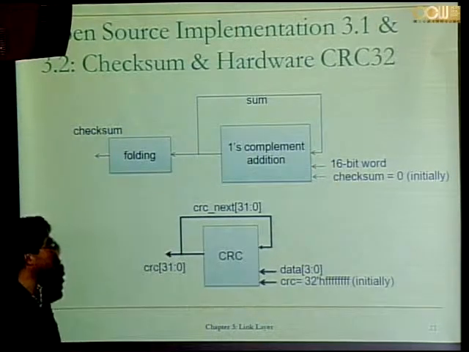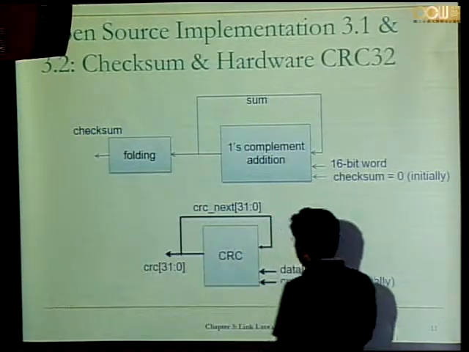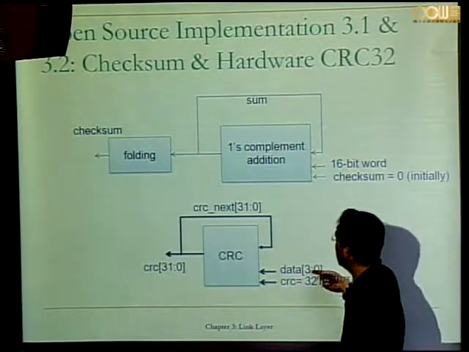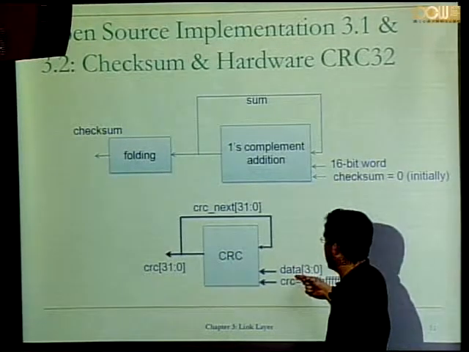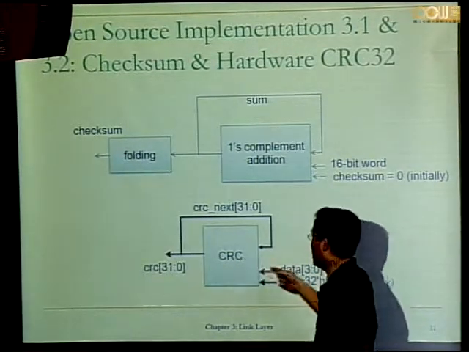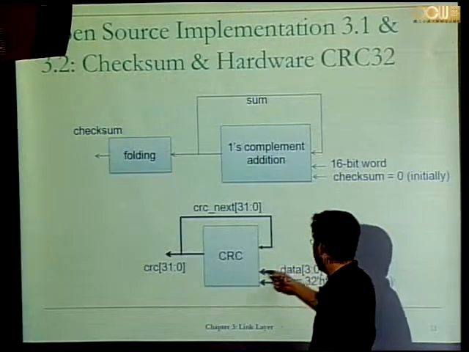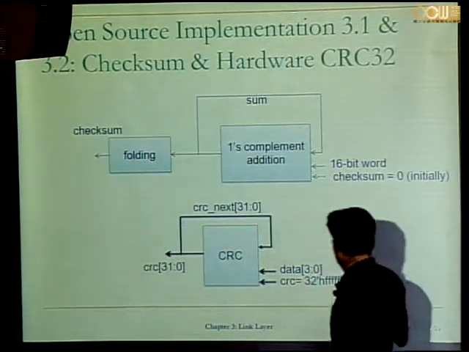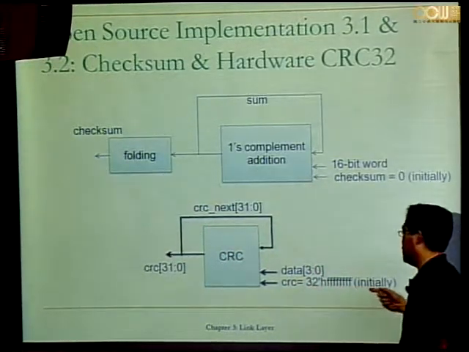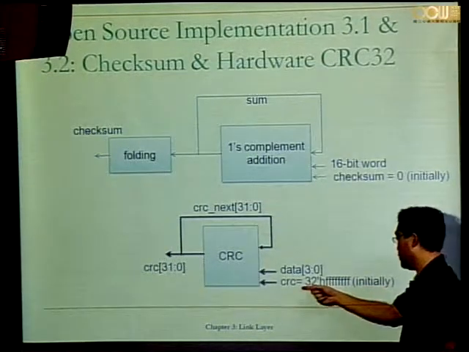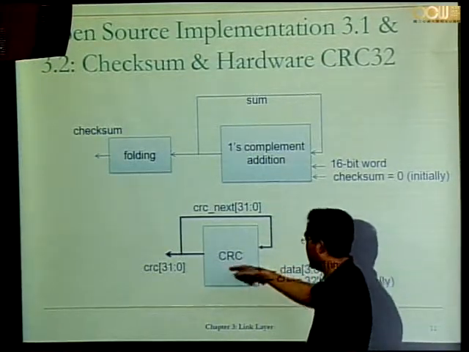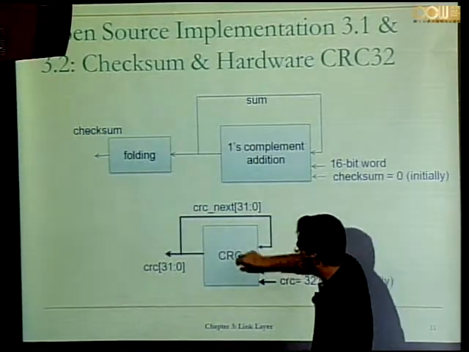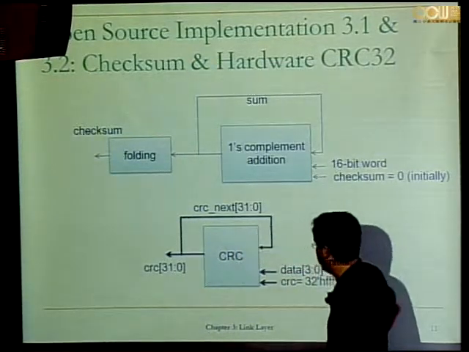As for CRC, it again circulates. Internally it's exclusive OR. You input the initial pattern, and then the data comes in, and you do the exclusive OR, and then you loop back and do the exclusive OR again.